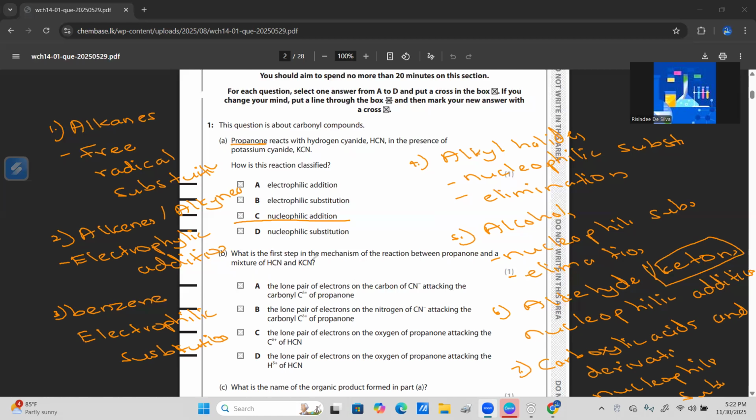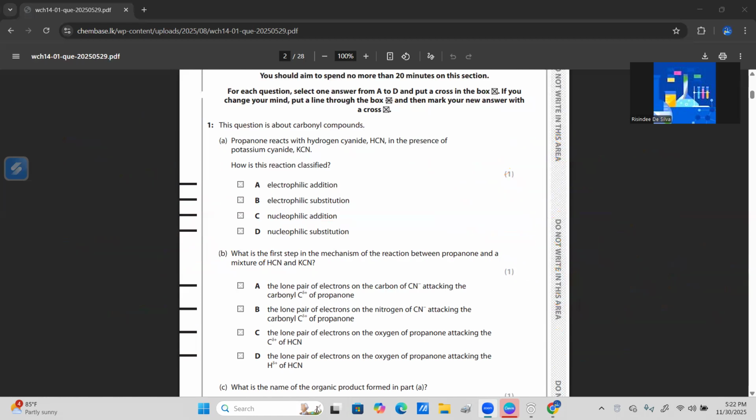What is the first step in the mechanism of the reaction between propanone and a mixture of HCN and KCN? First step, right? Okay, so I will erase it. So if I draw propanone, when we have HCN, KCN, children, remember that HCN is a weak acid.